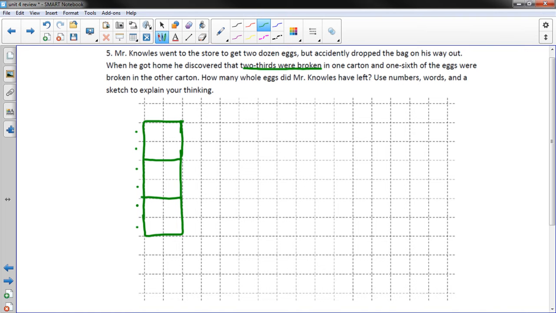And it says 2/3 were broken. Okay. So I'm going to use X's to represent broken eggs. So I got a little legend or key on the left. So I'm going to cross out 2/3.